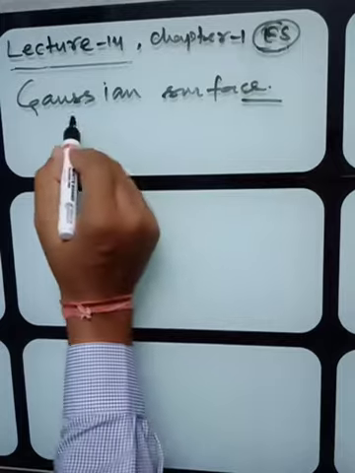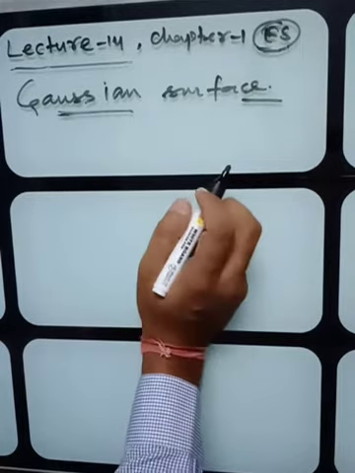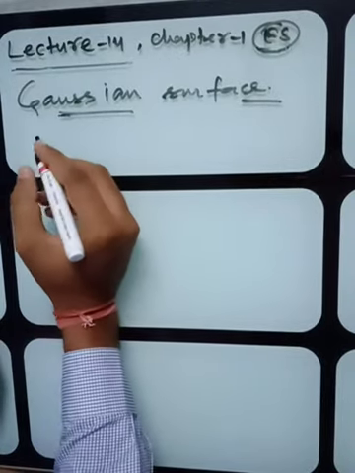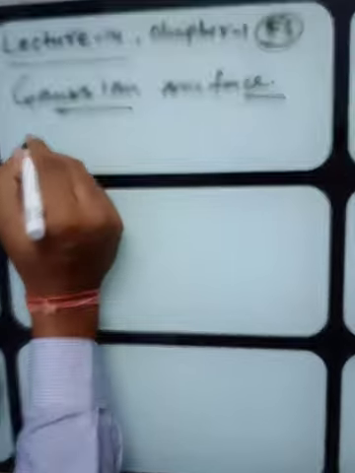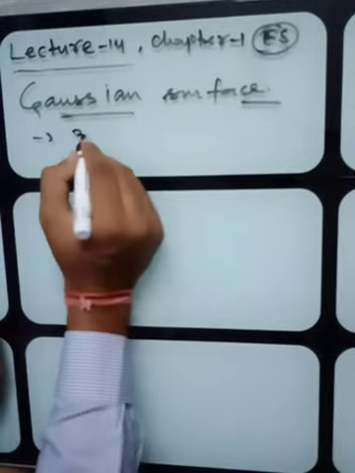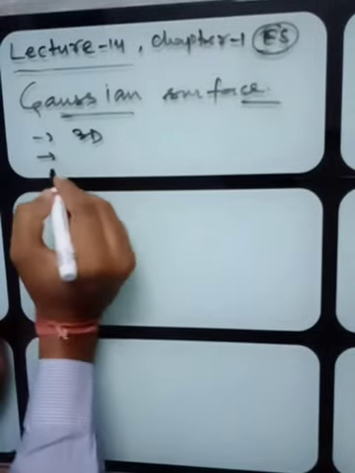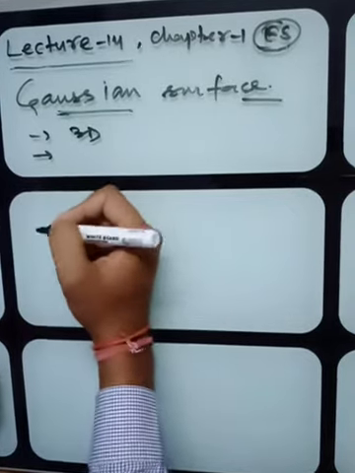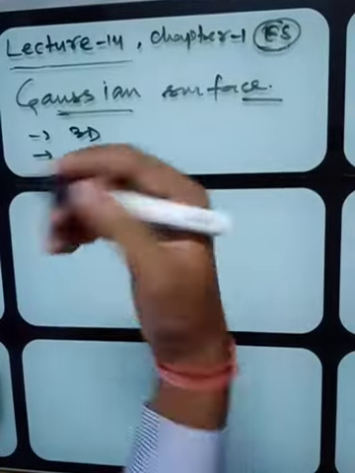The name of this physicist was Carl Friedrich Gauss. He has been given this particular law. Gaussian surface has certain properties. One, it should be three-dimensional. Okay, it should be three-dimensional. Gaussian surface, you have to take symmetric.